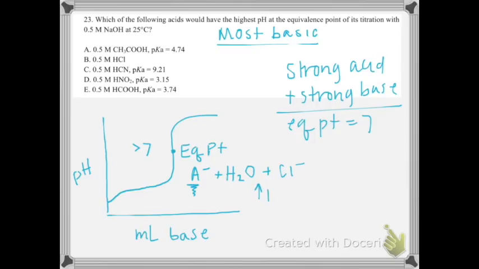So higher pH if we have a stronger conjugate base, which would mean we need a weaker acid. And so we want to figure out which of these is the weak acid, or the weakest of the acids. And so, before we even look, we can get rid of HCl.